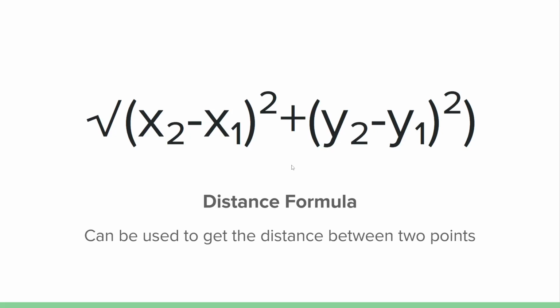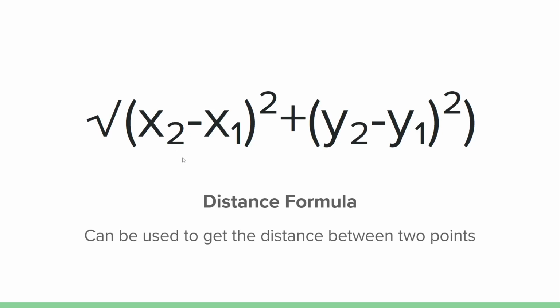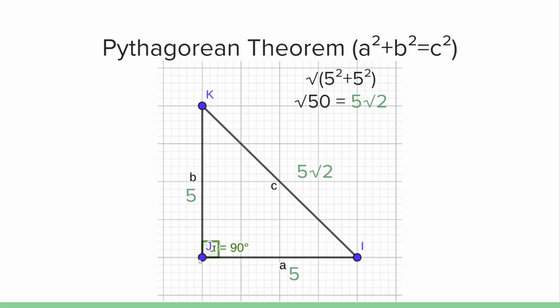Okay. Now, we have our distance formula. It's basically the Pythagorean theorem, right? But may points ka. Let's say x2 minus x1, y2 minus y1. This shows the points in a plane. So, let's say this point, let's imagine it's 0, 0, L will be 5, 0, K will be 0, 5.